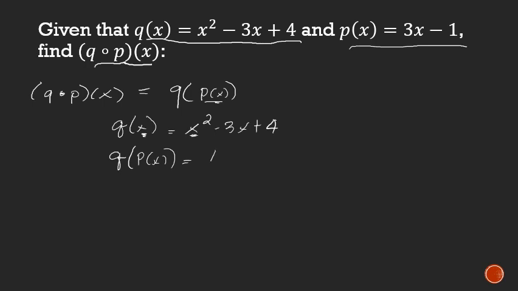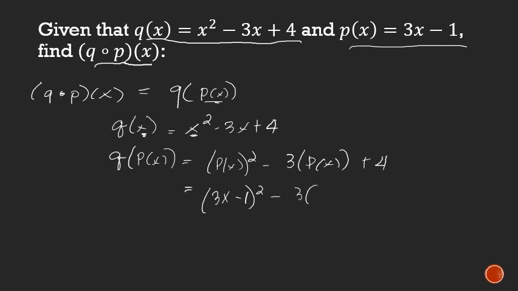We have now the p of x squared minus 3 times the p of x plus 4. Then substitute, the p of x will be the 3x minus 1. We have now 3x minus 1 squared minus 3 times 3x minus 1 plus 4.